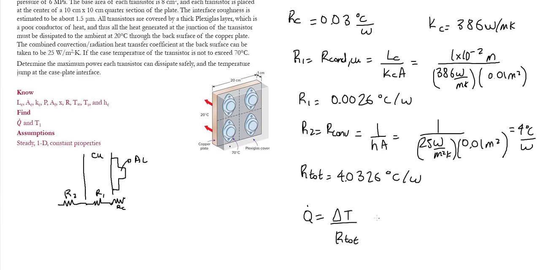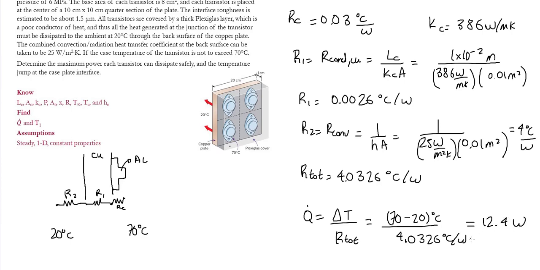We know that the maximum temperature that we could have in the transistor is 70 Celsius, and the temperature of the fluid is 20 Celsius. So that's the delta temperature we're going to use: 70 minus 20, in Celsius, divided by 4.0326 Celsius per watt. That gives us a value of 12.4 watts, and this is per transistor. So this is the value that each one of the transistors is going to be able to dissipate safely, so that the temperature doesn't go over 70 Celsius.